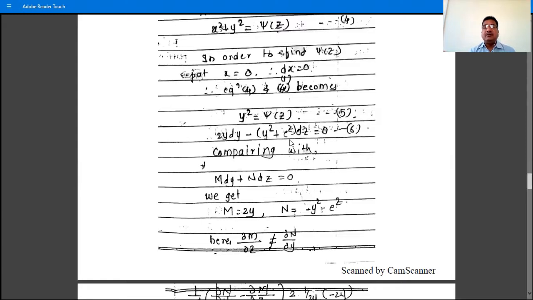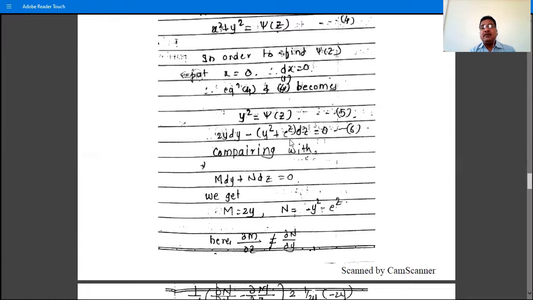In the previous year, K.J. Somaiya, there is a chapter on differential equations of first order and first degree. There are different methods to solve the differential equation of the form M dx plus N dy is equal to 0. So how can we solve it? If it is variable separable, then solve by separating the variables.